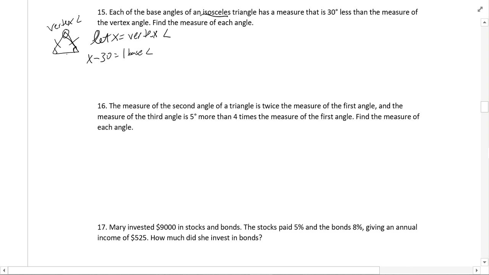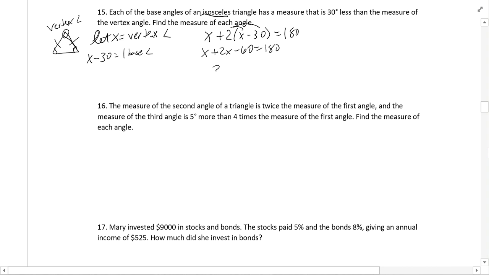So I'm going to go ahead and solve this equation. What I know about the angles of a triangle is they all have to add up to 180 degrees, and there are 3 of them. So I have the vertex angle, x, plus 2 base angles, 2 times x minus 30, and those all together need to equal 180. Then I distribute, so I get x plus 2x minus 60 equals 180.